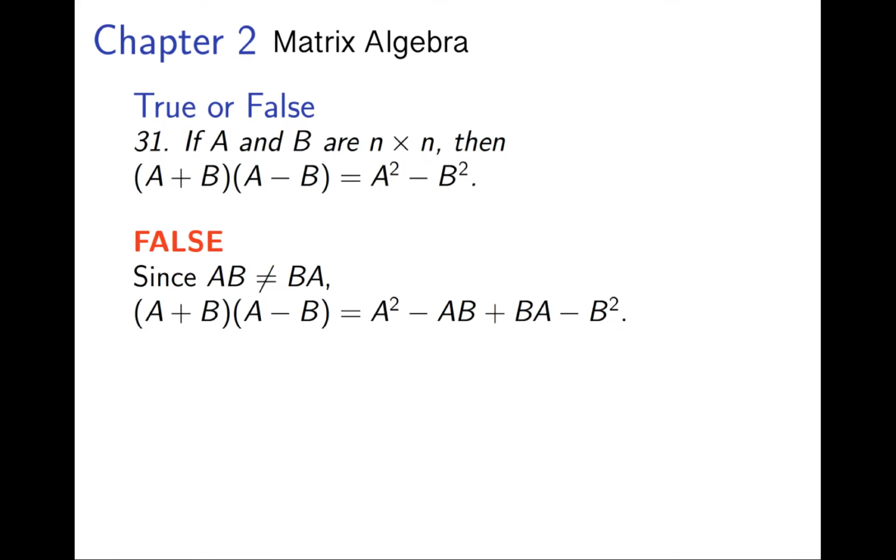So if we were to write out A plus B times A minus B, you could distribute it out and it would be A squared minus AB plus BA minus B squared. But the minus AB and plus BA don't cancel. Okay, so try to come up with an example to show that this one is false.